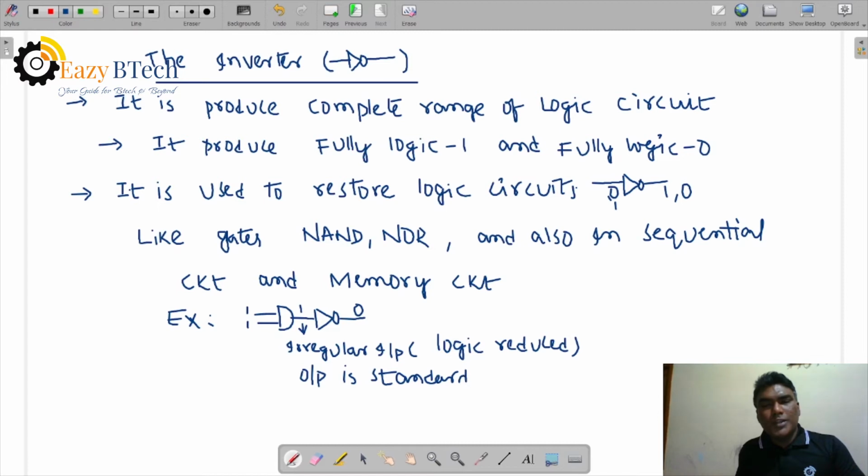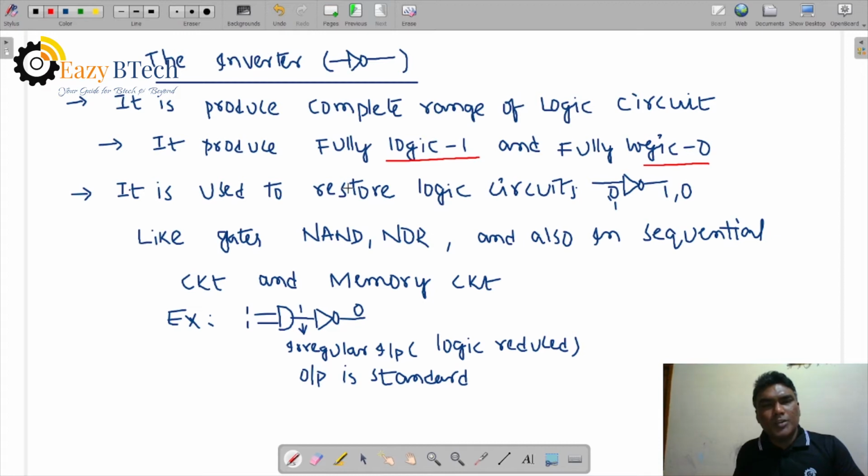So the standard output is generated by using this NOT gate in NAND, NOR, and also in sequential circuits and memory circuits. The inverter produces a complete range of logic levels, fully logic 1 and fully logic 0. In digital circuits, output is logic 0 or logic 1.